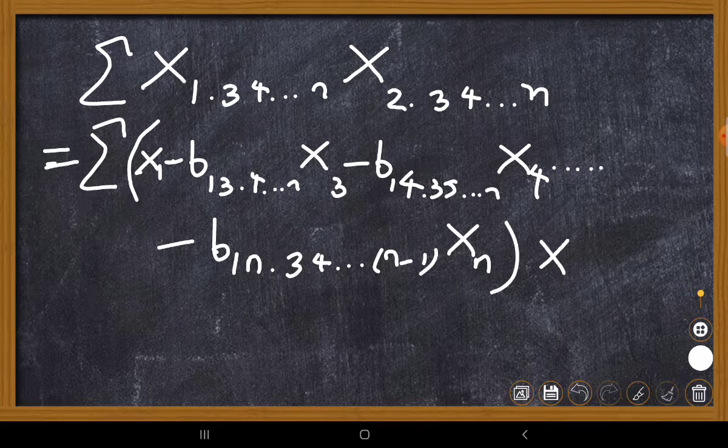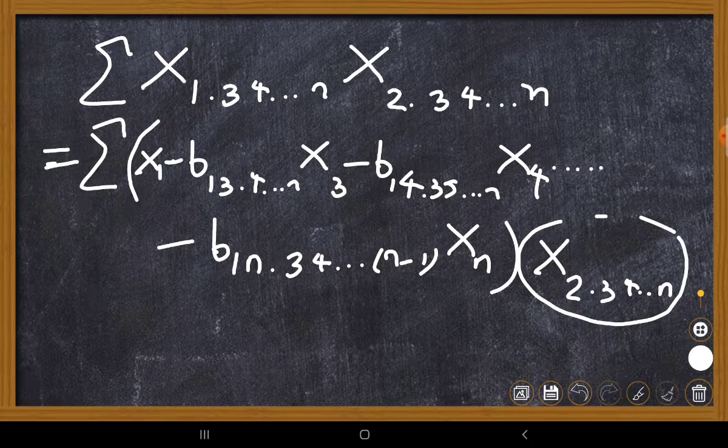And the second residual remains the same, 2, 3, 4 up to n. So here, if you distribute inside this term inside the bracket, you will see that if you multiply this with this, it will vanish because this 3 is in the secondary subscript.